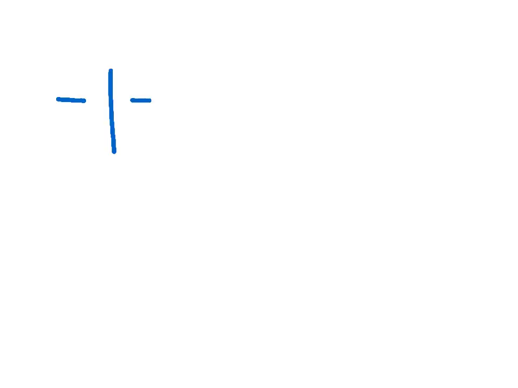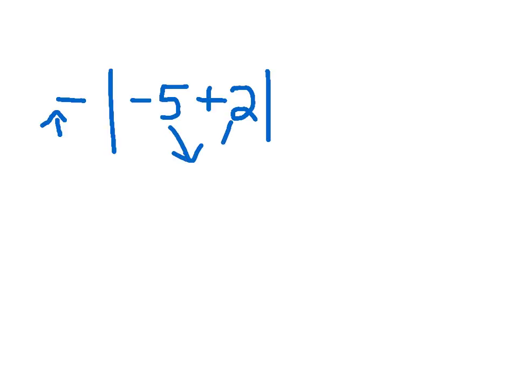Let's make up, I don't know, -5 plus 2. I would read this as the opposite, because the negative sign is on the outside, the opposite of the absolute value of negative 5 plus 2. So, just like always, I'm going to do what's in the grouping symbols first.